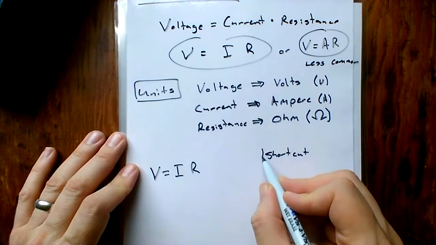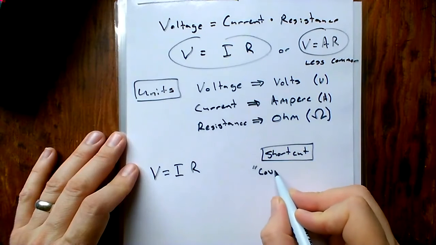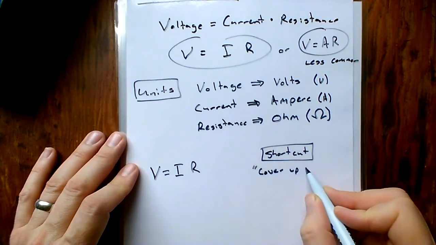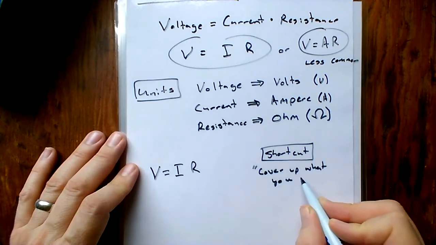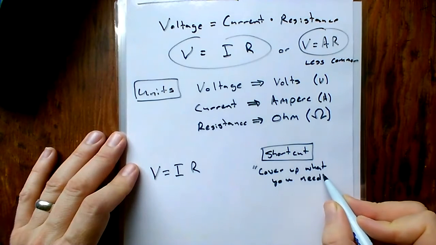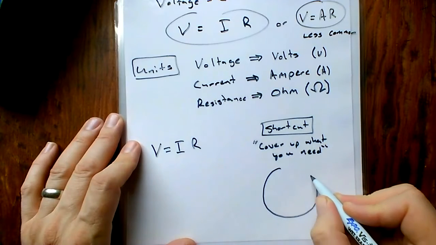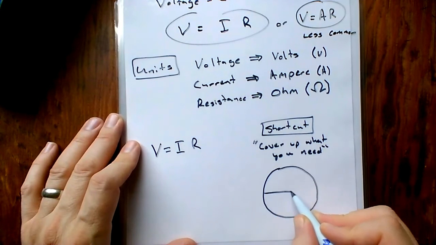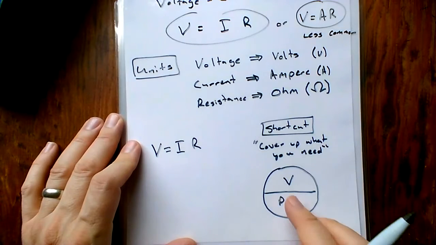on this is, I would say, cover up what you need. Which is to say, I could write this as V over IR, oops.